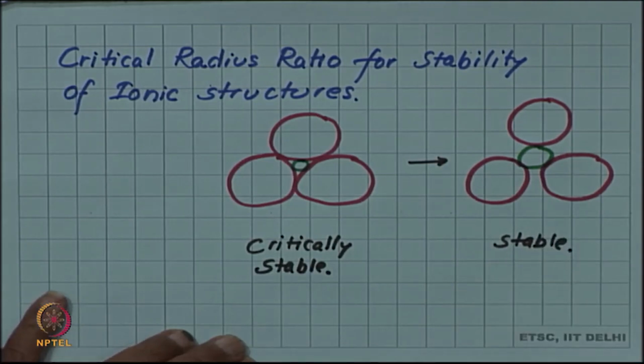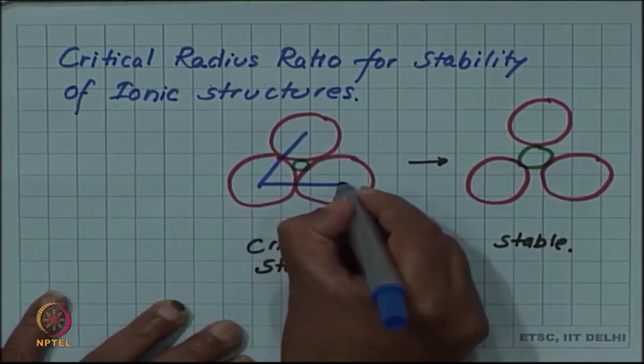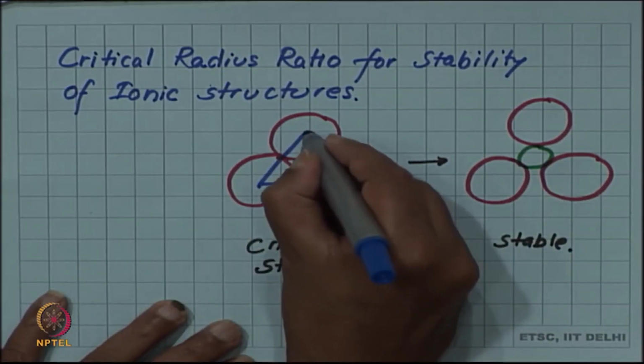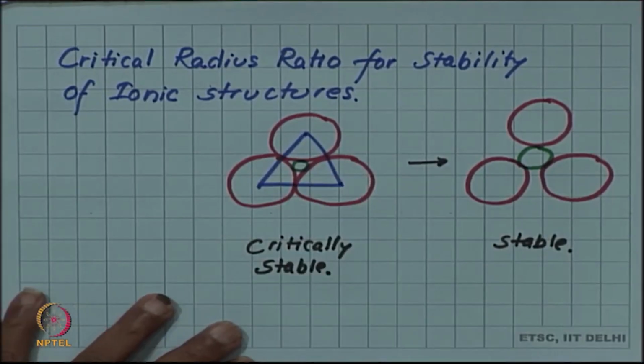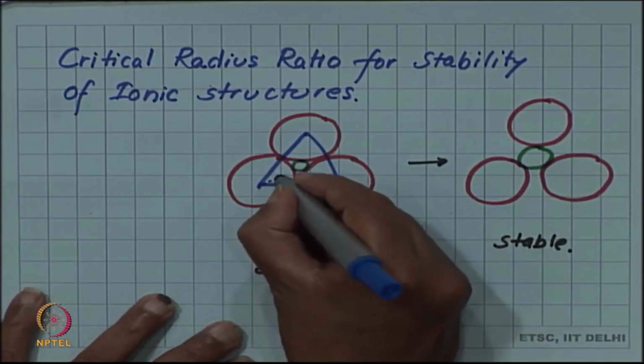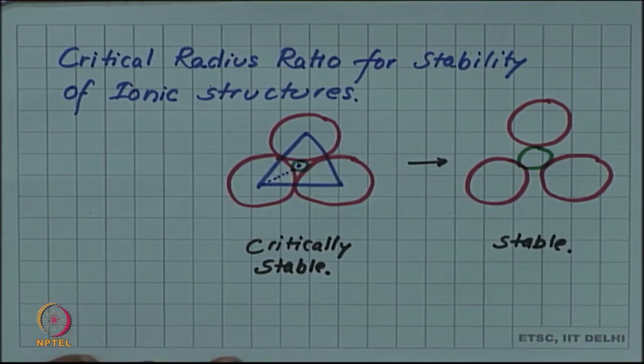So we can easily solve the geometry of this. This is an equilateral triangle, and this is the distance from the centroid to the corner of the equilateral triangle.